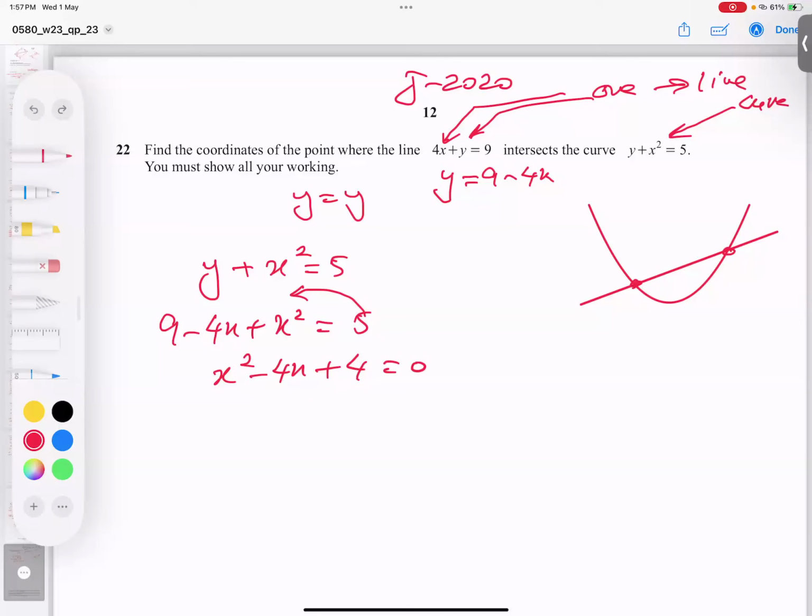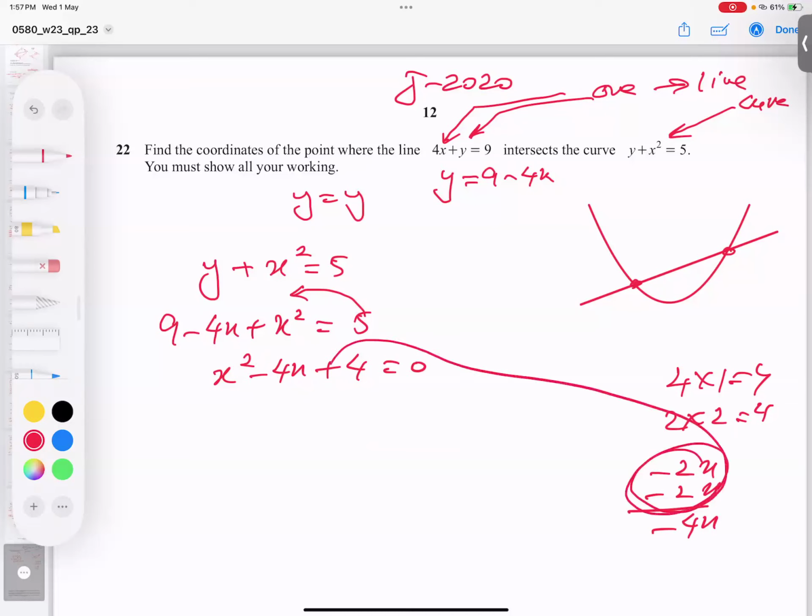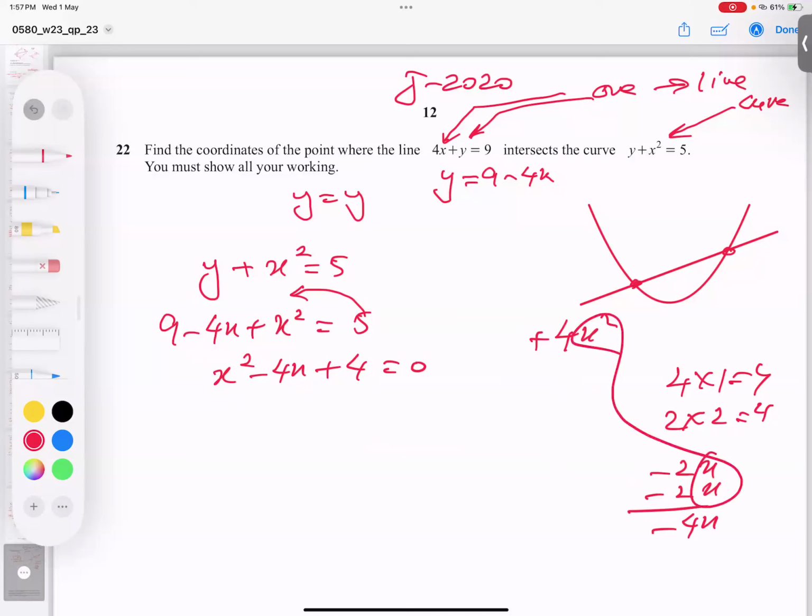We have two choices for 4: 4 ones are 4 and 2 twos are 4. What is the best choice? We take the 2s, the lower choice, and negative 2x will give us negative 4x. Interestingly, if I multiply them, I get the product 4x square, positive: negative times negative is positive, 2 twos are 4, x into x square.